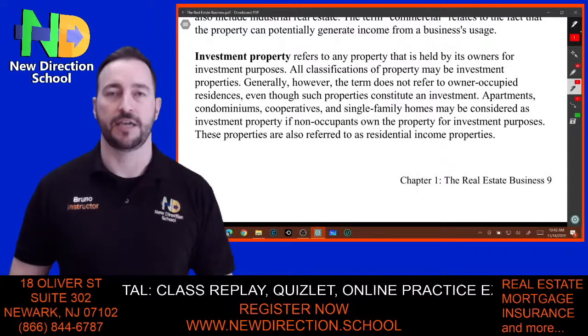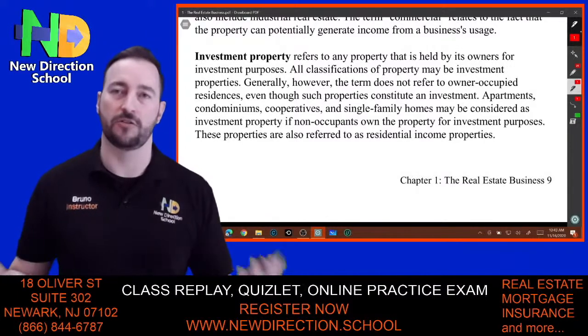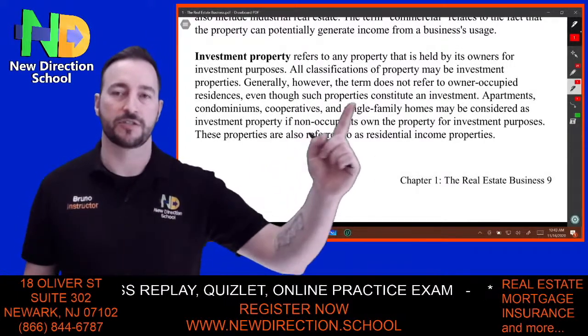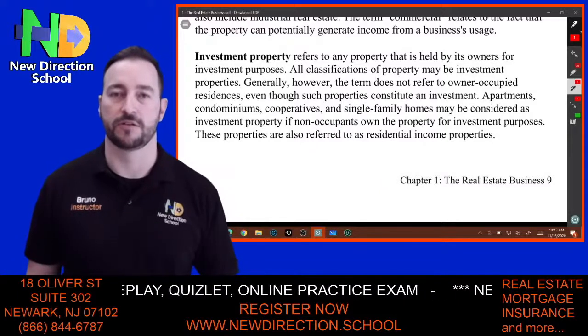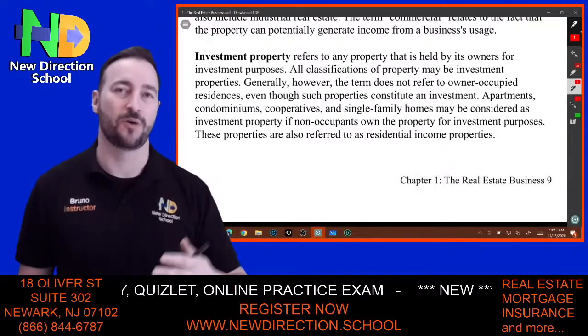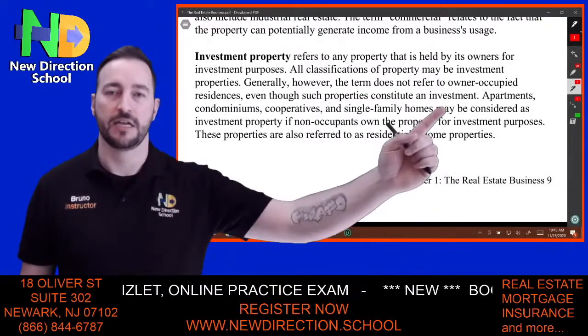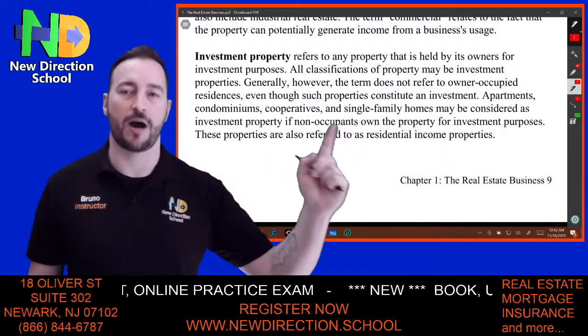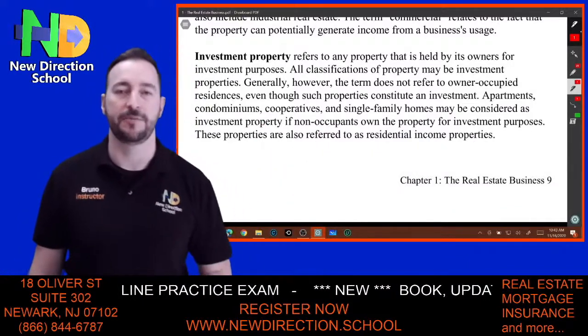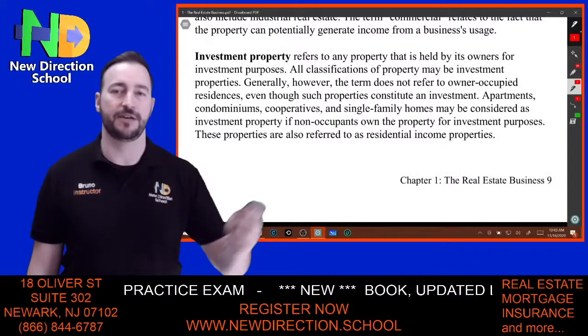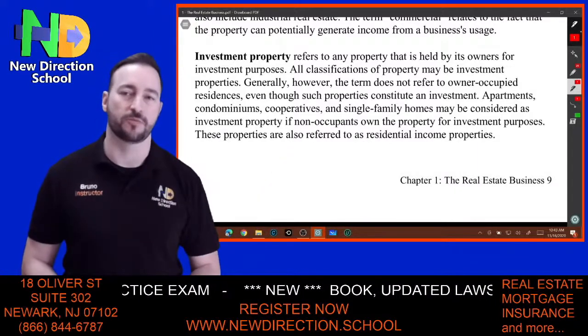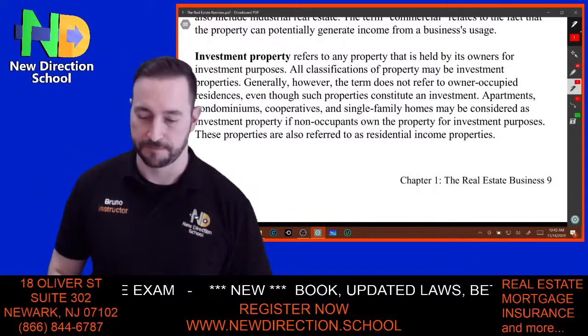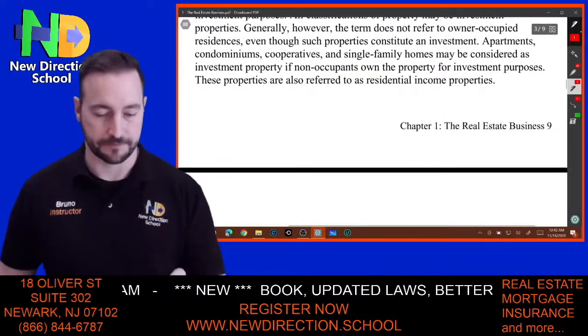So, if you occupy one of the units, then it's owner-occupied property. So generally, investment property is one where you do not live. Okay? Apartments, condominiums, co-ops, and single-family homes may be considered investment properties if non-occupants own the property for investment purposes. Okay?